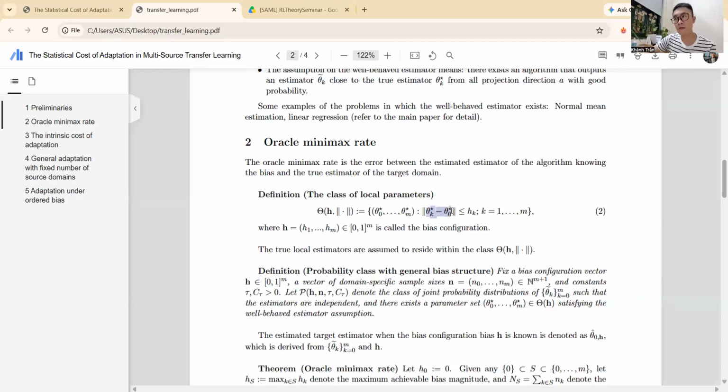I think in that paper they have an assumption that the parameter of the estimator is from 0 to 1, so the distance is bounded by 1. That's why the bias configuration is between 0 and 1. So it's a bounded parameter space. They normalize it, just a constant, to 0 and 1 for convenience.